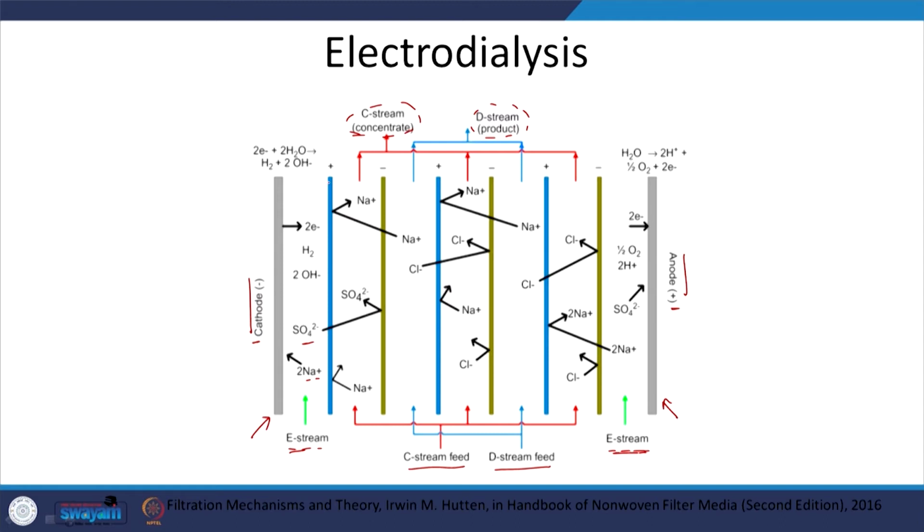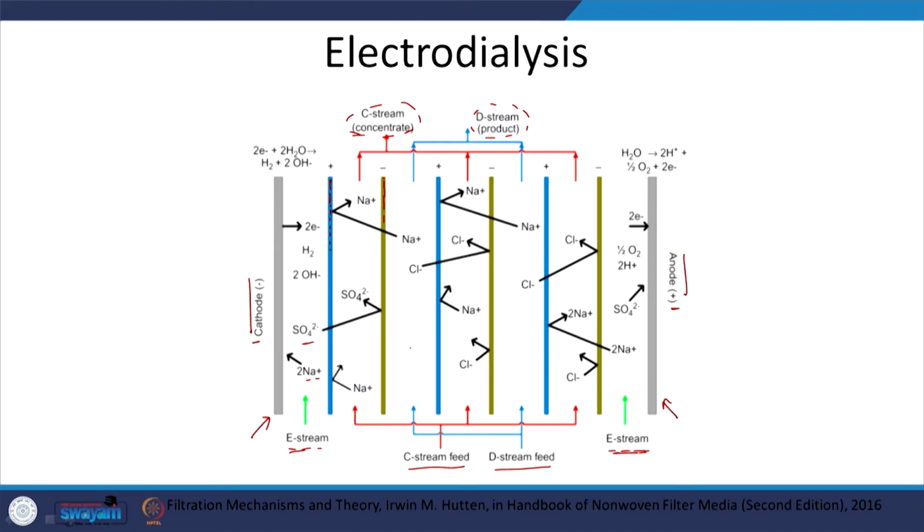So, what are the roles of these ion selective membranes? They will only let either a cation or only an anion migrate through them. This one is specific to cations, so it is not going to let anions through. This one is specific to anions, so it is not going to let cations through. Let us follow the streams here.